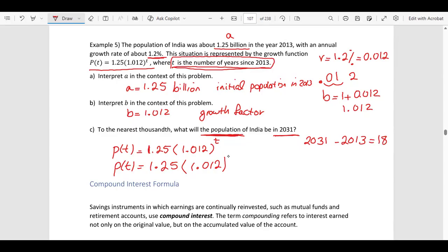So you have to replace t by 18. Now we type this in the calculator to find the answer: 1.012 to the power of 18, then multiply by 1.25. The answer is 1.549, because it's to the nearest thousand, three digits after the point. So the population in 2031 is 1.549 billion.